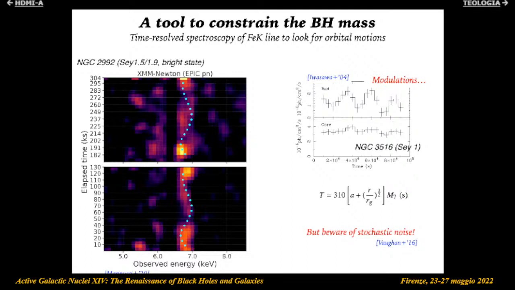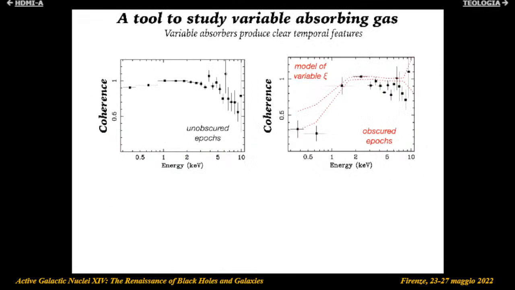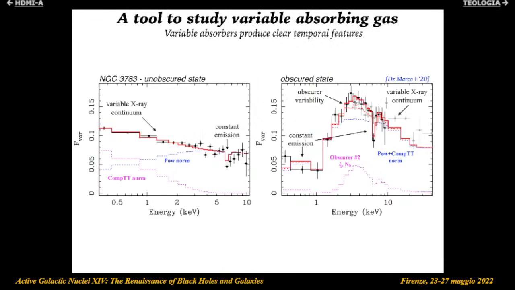Okay, let's go faster. Another important way to use variability is to study absorbers. Absorbers would imprint important features in the variability of the source.